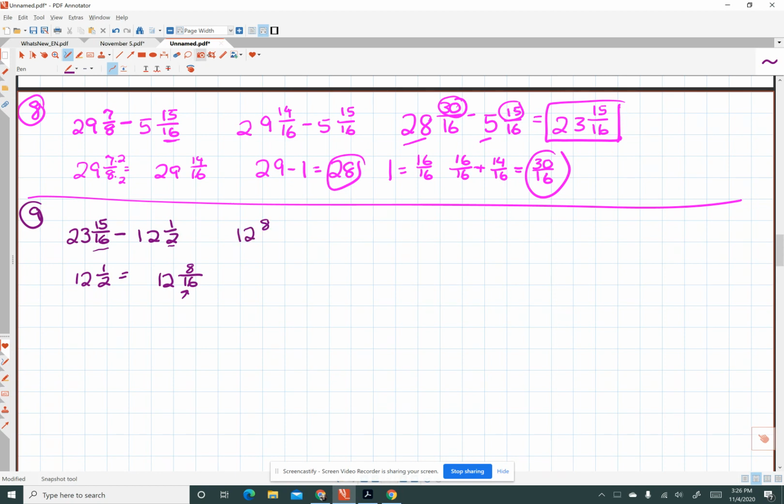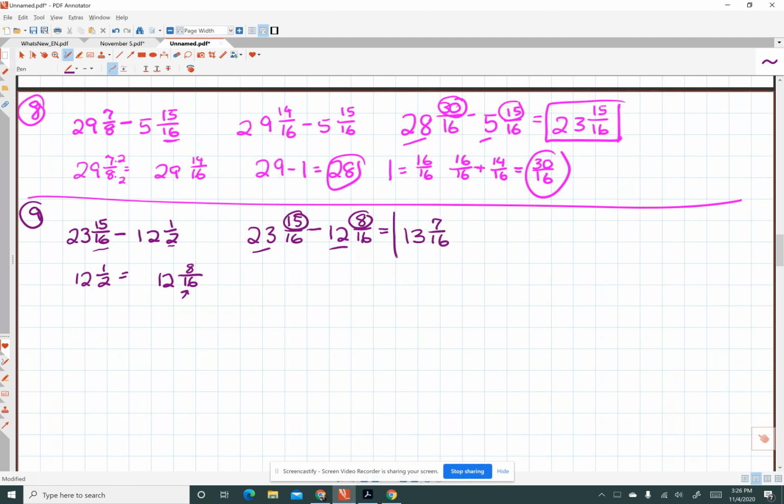Oops, I forgot to put the first number. Let me do that. Now we have 23 and 15/16 minus 12 and 8/16. 23 minus 12 is 13. 15 minus 8 is 7.